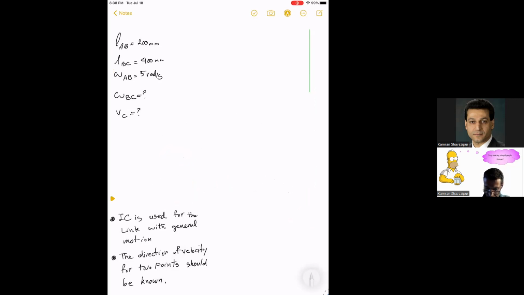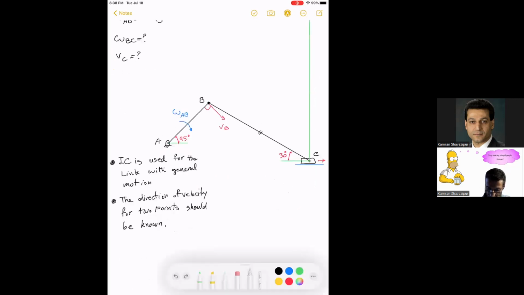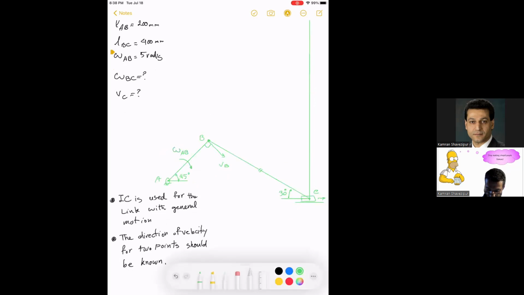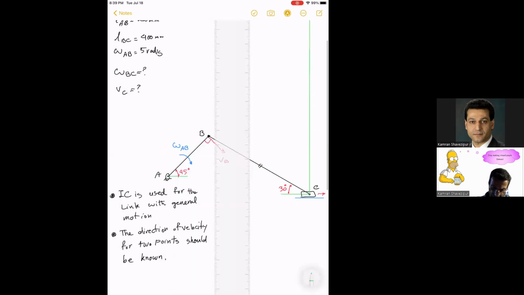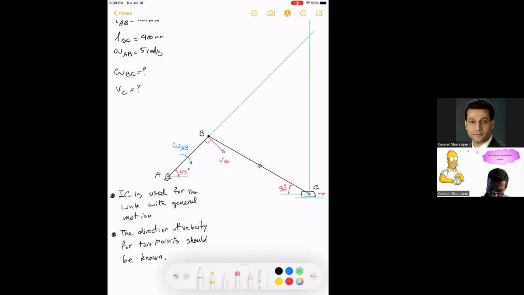Okay, so now the other line will be perpendicular to velocity of B, which means it's going to be parallel to the link AB. So I'm going to draw a line parallel, and then this is going to be your IC. This point will be IC.